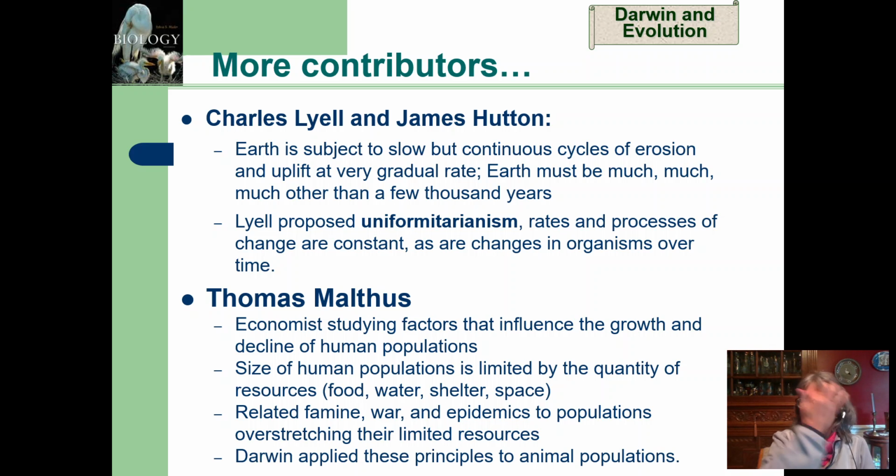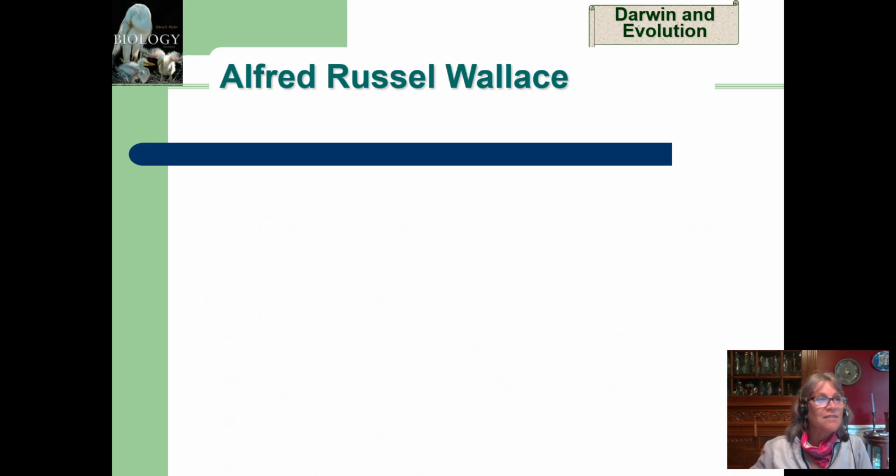Darwin read Malthus's paper on this and applied those same principles to animal populations in his thinking based on his observations.